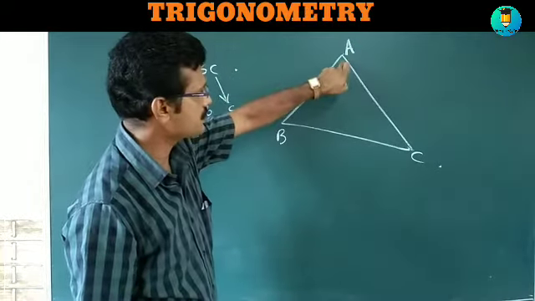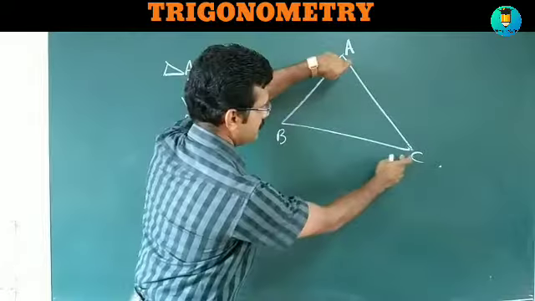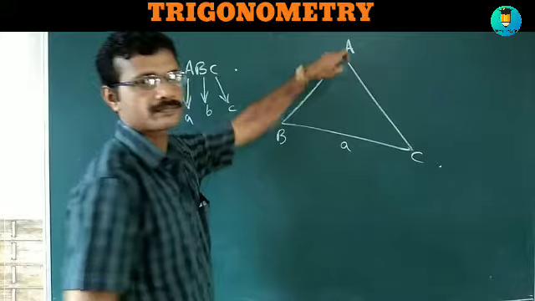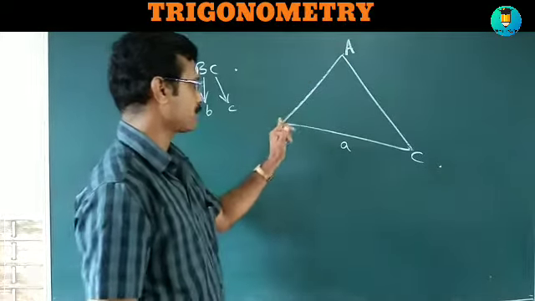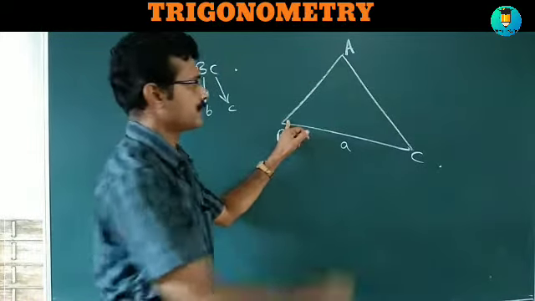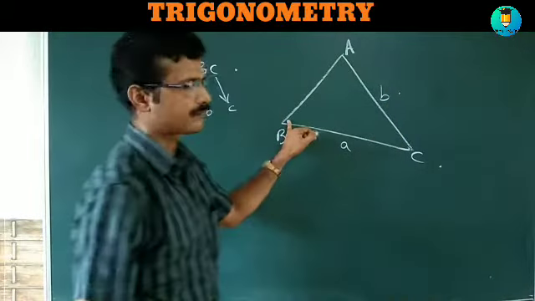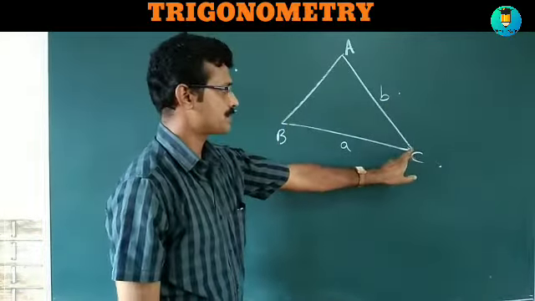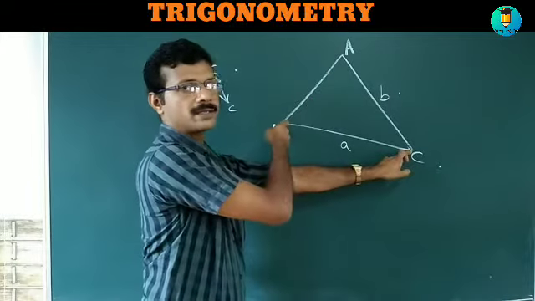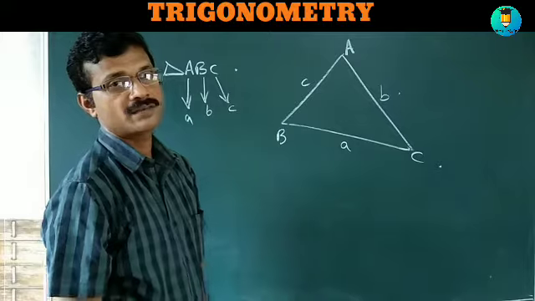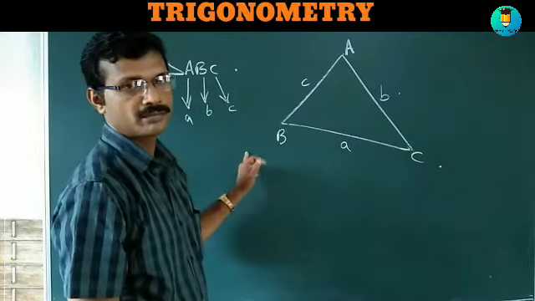The side opposite to this angle, that is this side BC, is denoted by small a, and the side opposite to the angle B, that is AC, is denoted by small b, and the side opposite to angle C, that is AB, is denoted by small c. This is the general convention we use in trigonometry.